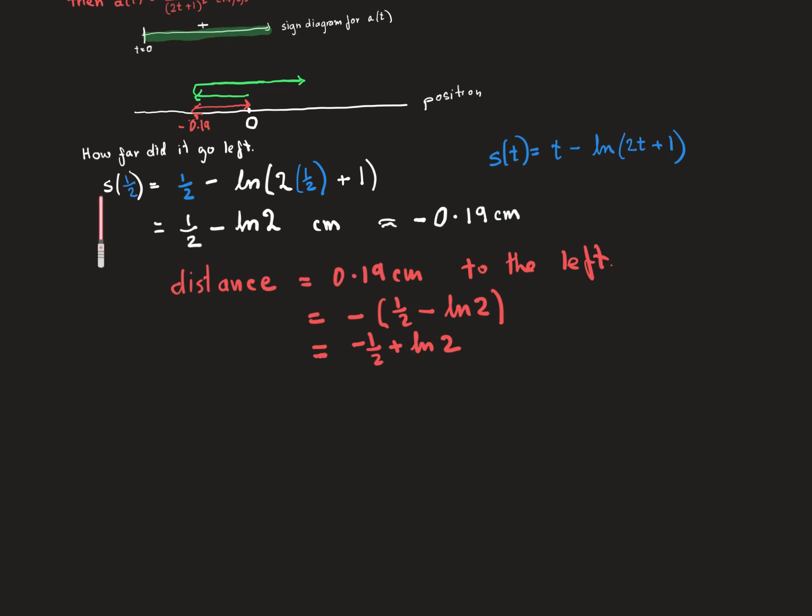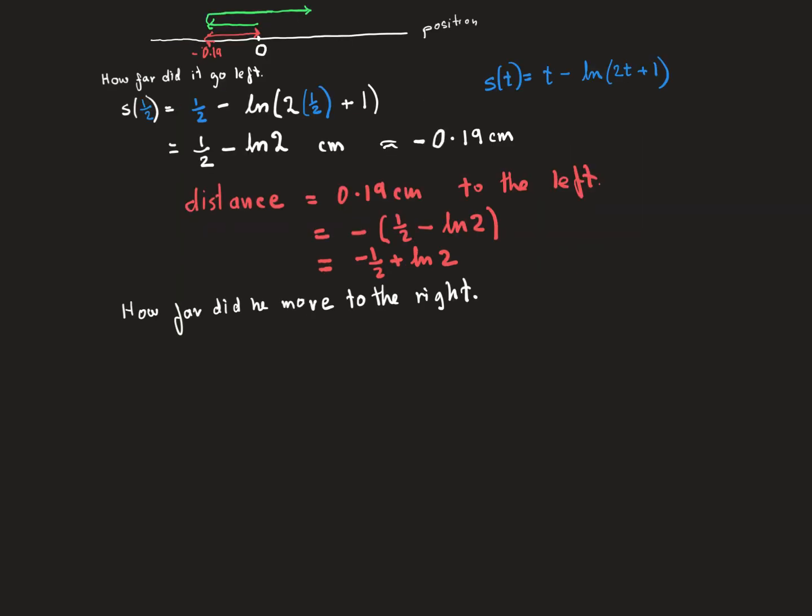Okay, bear with me. We're told that at half a second, he changes direction and then moves to the right. So now I want to ask you another question. How far did he move to the right in the first 2 seconds?